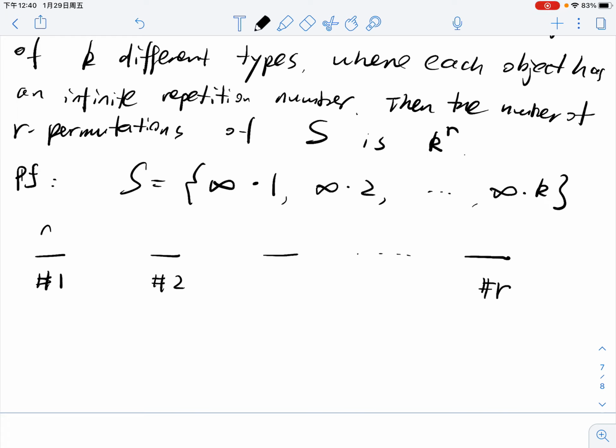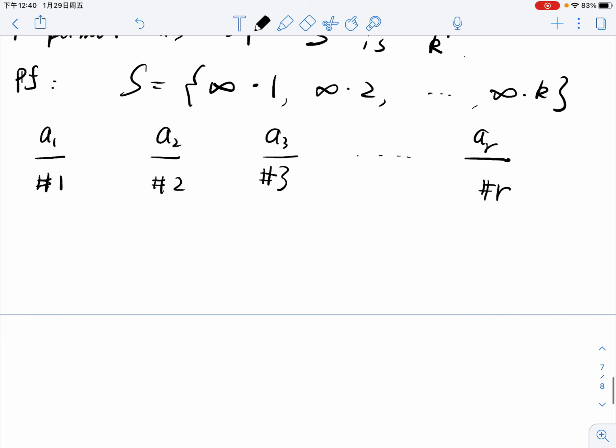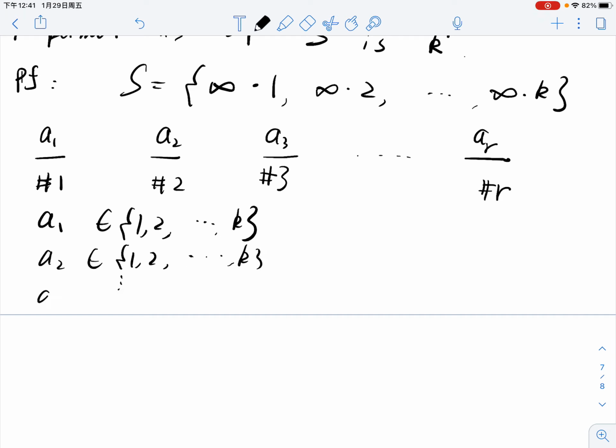Those are positions, and then you need to put in elements, and a1 is an element from 1 to k. a2 is the same, because each type has infinite repetition.